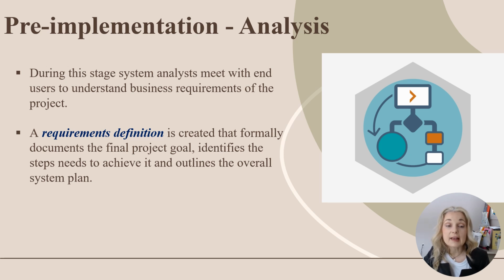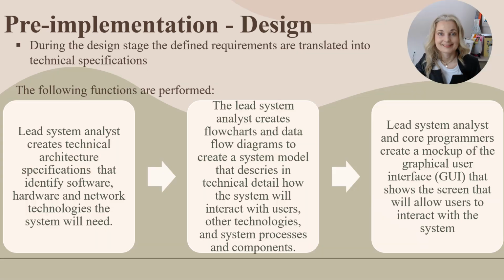And you need a requirements definition. And this is created through formal documentation, and it identifies the final project goals, steps needed to achieve them, and outlines the overall system plan.